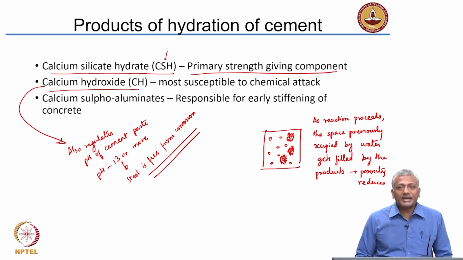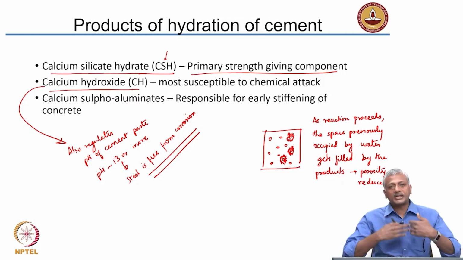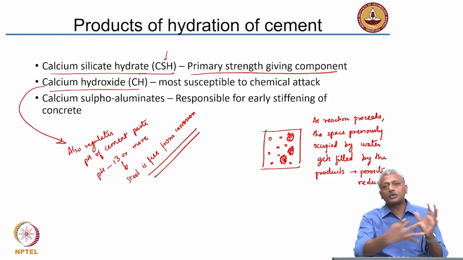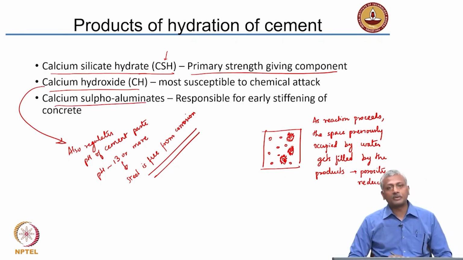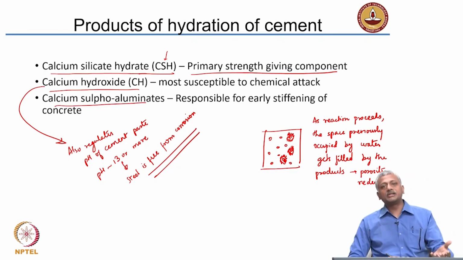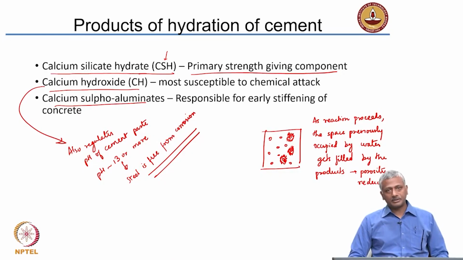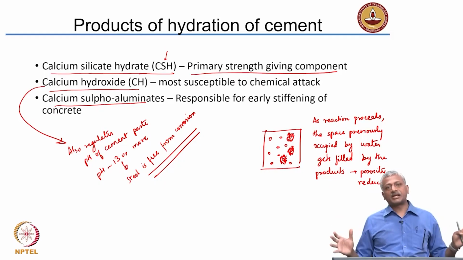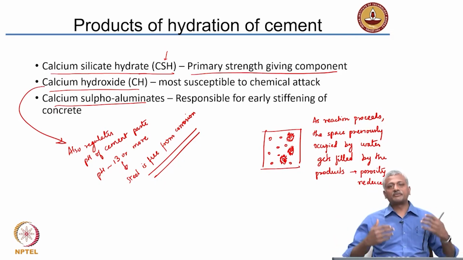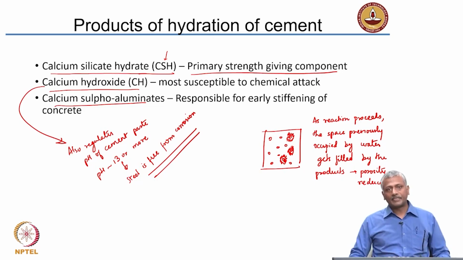Okay? What about the calcium aluminates? They go into reaction with the sulfate, as I said, because sulfate controls the rate of reactivity of aluminate and forms what is called calcium sulfoaluminates. These cause initial strengthening and stiffening of the concrete. Okay? So long-term strength gain is all because of CSH, calcium silicate hydrate. The initial strength could be because of CSH, could be because of aluminates, and so on and so forth.